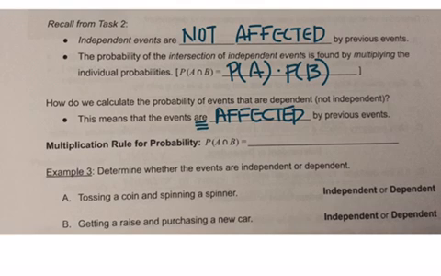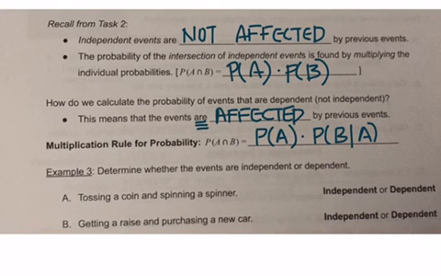So the multiplication rule for probability says that the probability of A intersect B for dependent events is the probability of A times the probability of B given A has occurred. So we have to do a conditional probability to calculate these probabilities. So let's look at how we can determine whether events are independent or dependent.